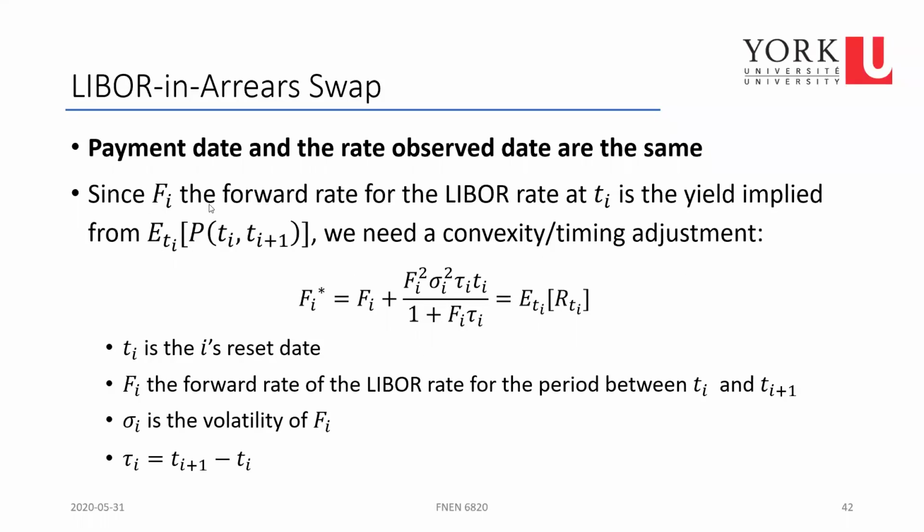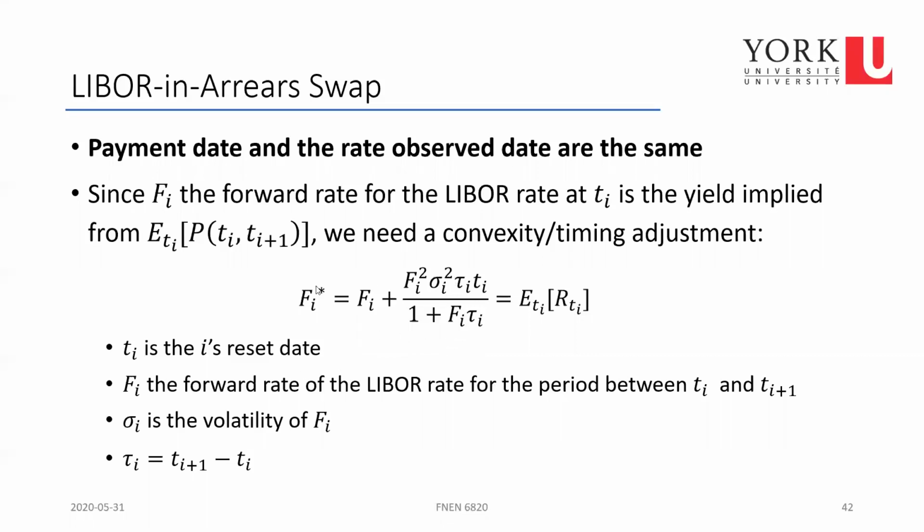The FI will give you the normal swap rate. It will not give you the rate that you can use for the LIBOR in arrears swaps. So in order to use that, you have to make a convexity adjustment that we have mentioned earlier. You will need the expected value of this rate rather than the expected value of the rate implied from a zero coupon bond.